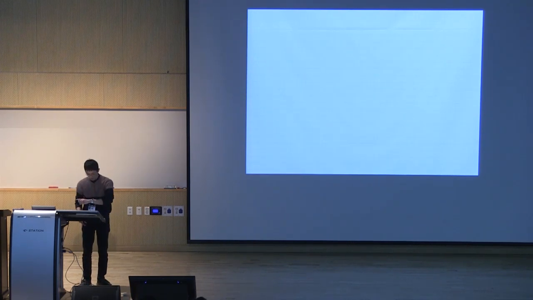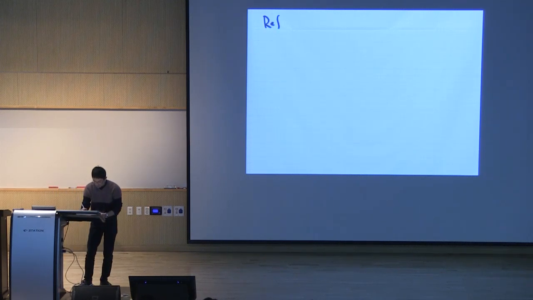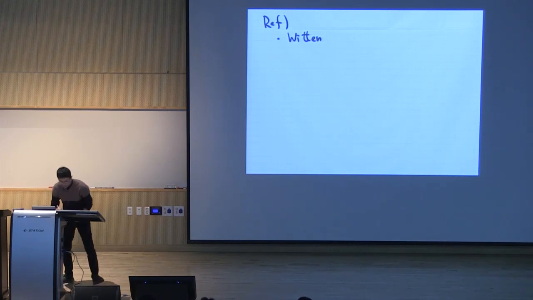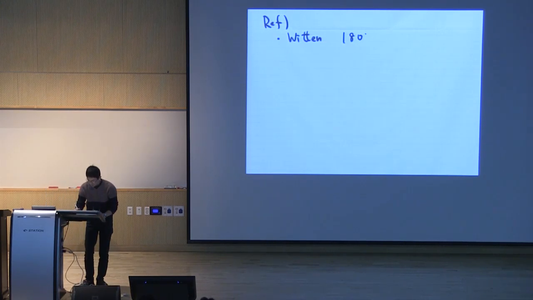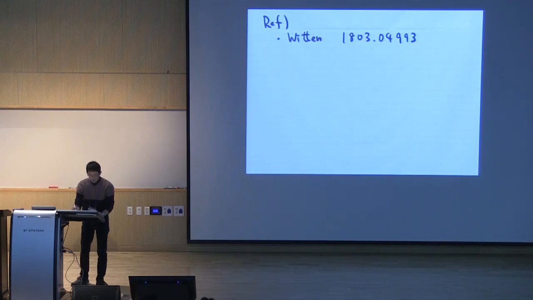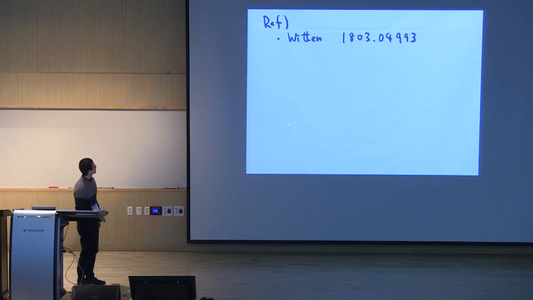Let me finish in one minute, and give you some references about these things. The most accessible one is a review paper by Witten. He has a nice review explaining all these things. He starts with the quantum mechanical case, and he also talks about the algebraic formulation of quantum field theory.